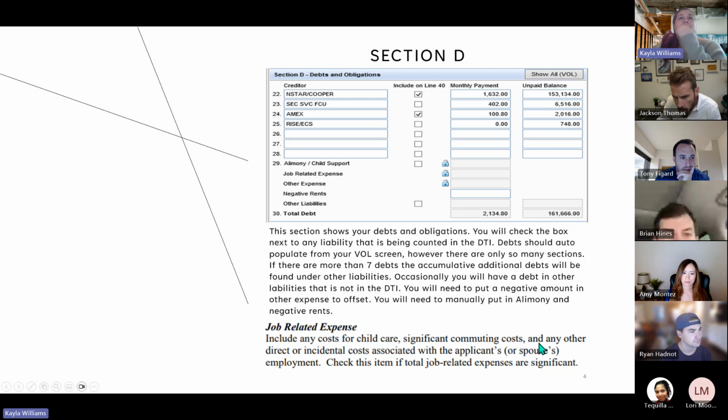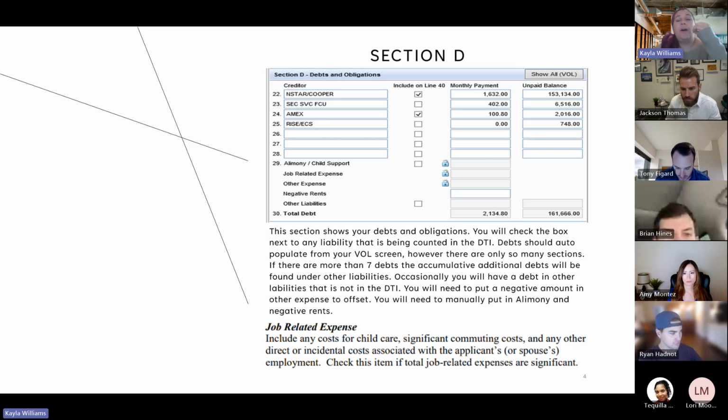Section D is for your debts and obligations. This is going to be a little confusing, so just bear with me while I go through it. Your debts from your verification of liabilities will automatically be put into the screen, but it doesn't automatically get checked. You have to check the boxes for the ones you're adding into your residual income calculation.